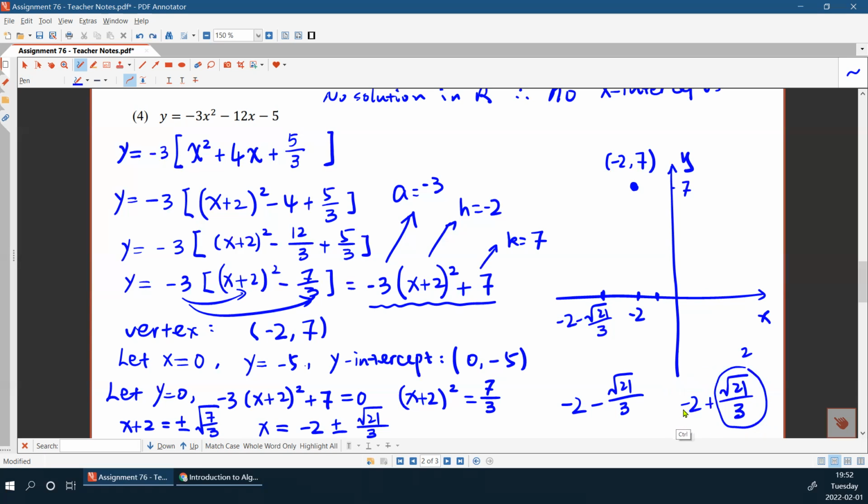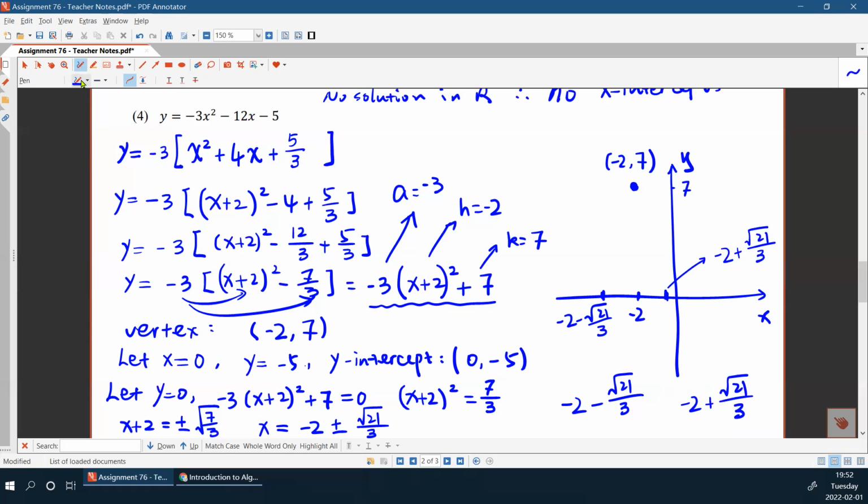Can you see that? Okay, so if the whole number here is a negative number, so this number must be somewhere here, right? Well, let's say this number here is -2 plus square root of 21 over 3.